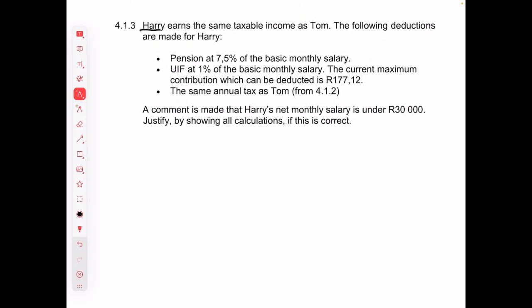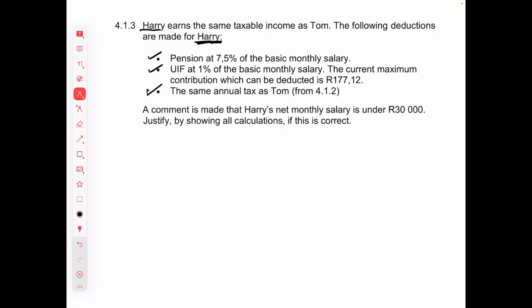It says the following deductions are made for Harry. So the deductions is what comes off your salary slip. So basically you pay towards pension, you pay towards UIF, and your tax. That will be deducted off your pay slip or your salary advice.